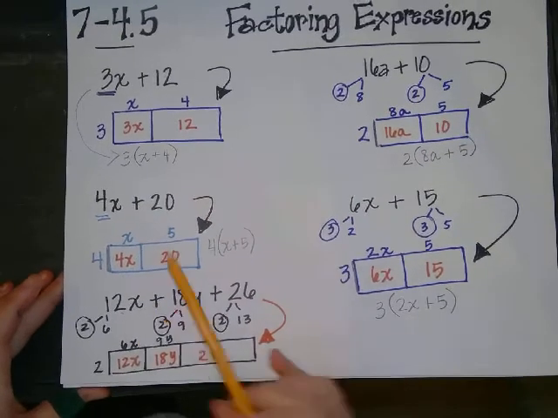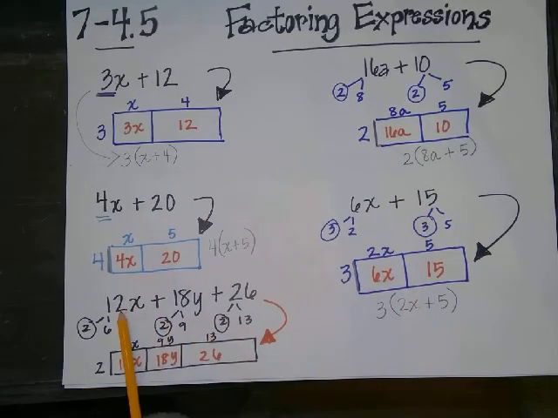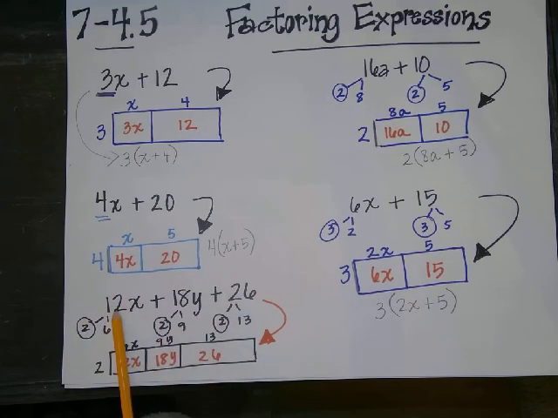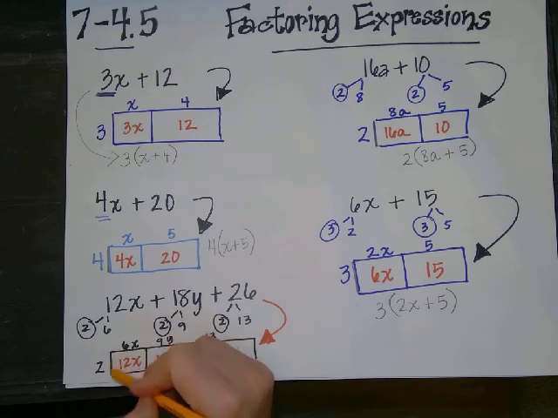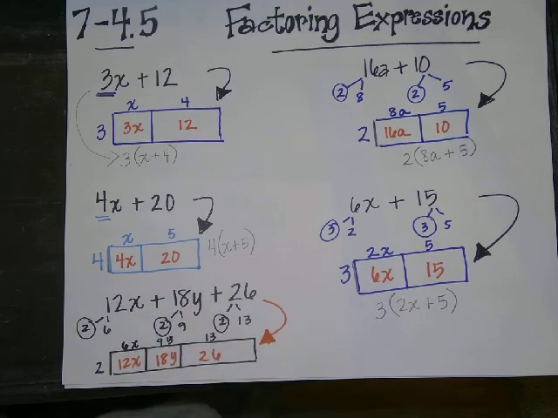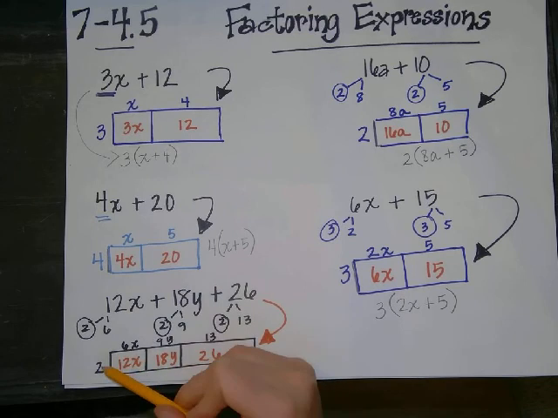Now this also works if you have more than just 2 parts to your expression. So if we had 12x plus 18y plus 26, I can find a factor in 12, in 18, and in 26 that is in common. And that factor I'm going to use is 2. So notice I pulled out the 2. And this little 2 becomes the side of this now really long rectangle.